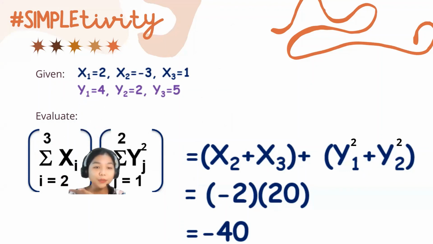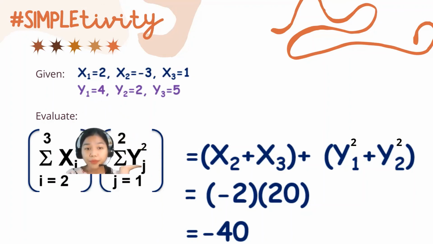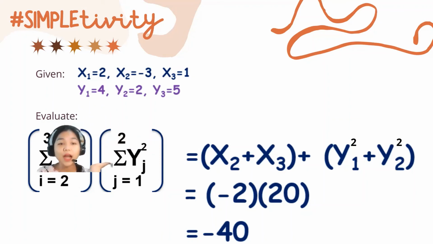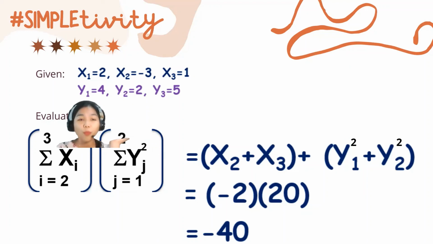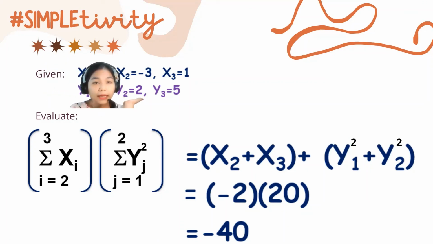In this part, we are only going to consider two values, the second value of x and the third value of x. For this notation here, we have a square, so this is getting the sum of squares of yj as j goes from 1 to 2. So still we are considering two values of the y variable, the first value and the second value.